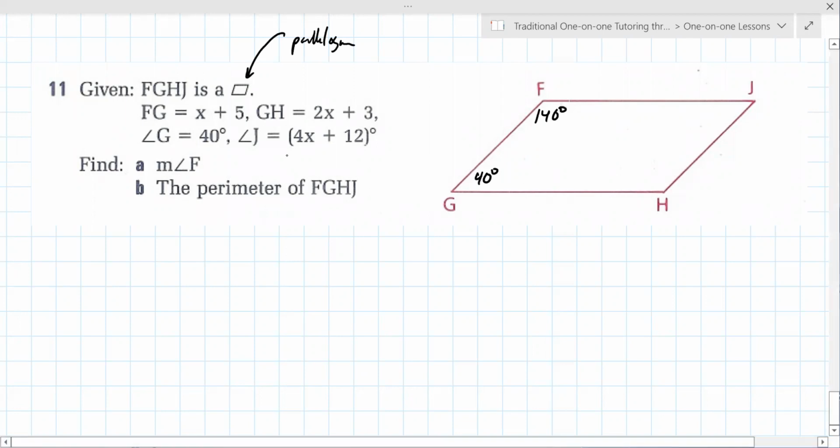Now, before we do B, we're going to do C, which is the value of X. I want you to find the value of X, please.